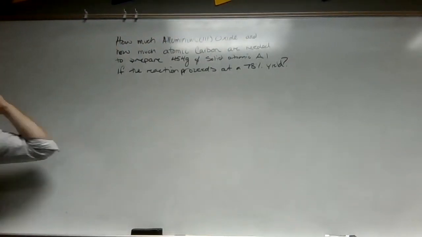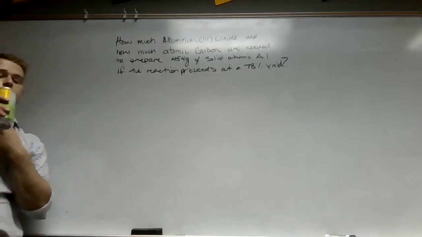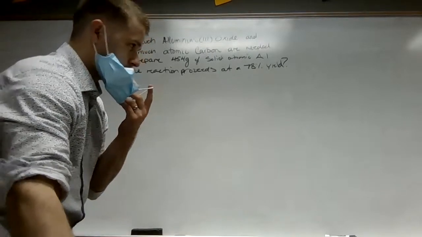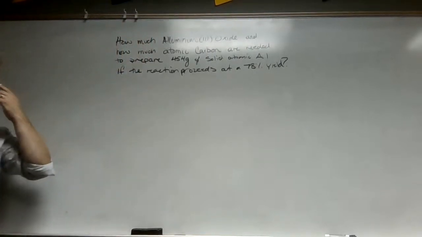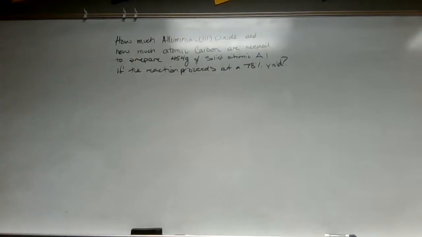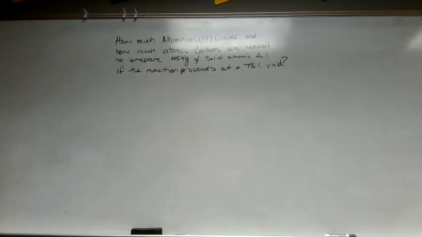Chemical formula. We probably need to figure out what aluminum oxide is. Anybody want to take a stab at how we go about determining that? Not necessarily what it is, because I remember that, but how are we going to go about determining that? Julia?